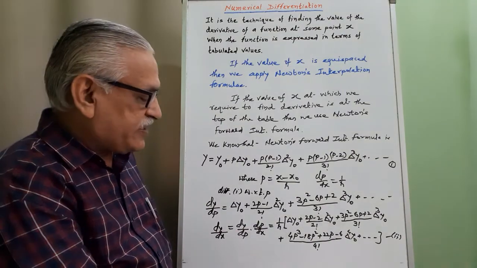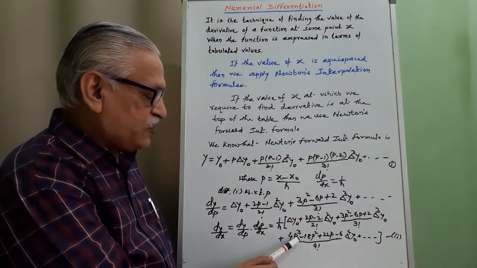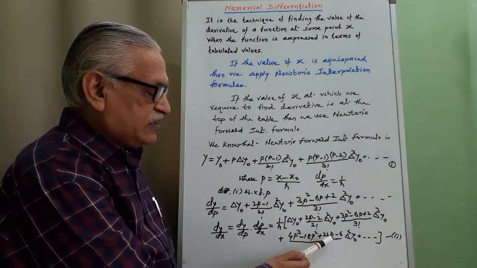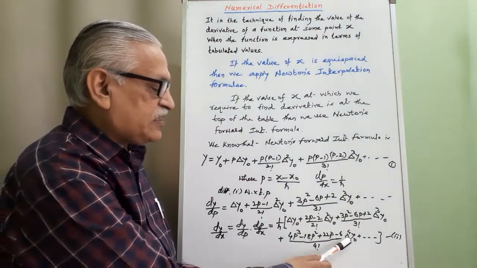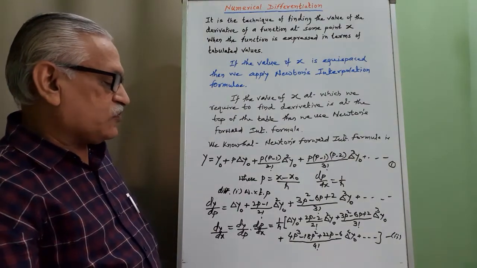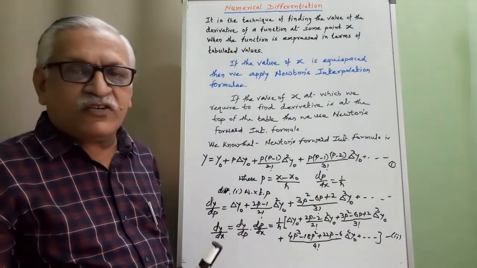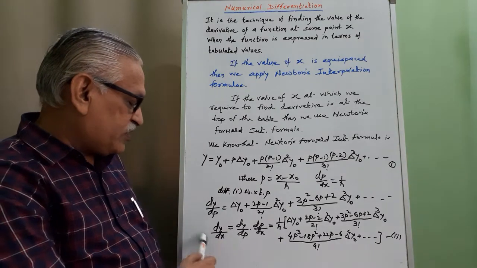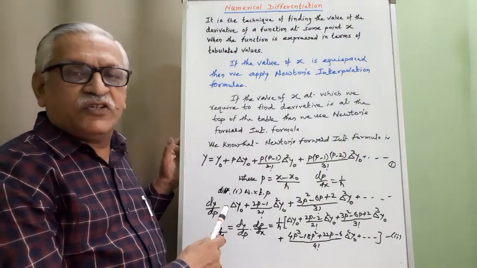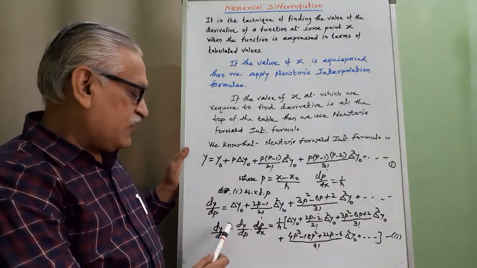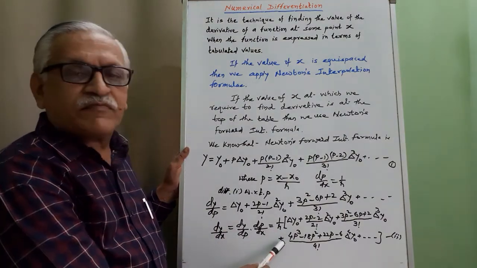By differentiating that term, we get (4p cube minus 18p square plus 22p minus 6) divided by 4 factorial into del raised to 4 y0. Therefore, whenever we require the first order derivative for a given table using Newton's forward interpolation formula, we are supposed to apply this formula.